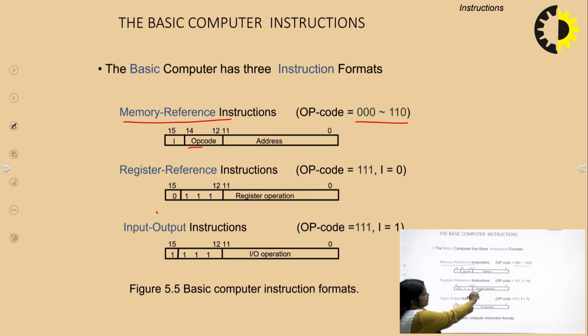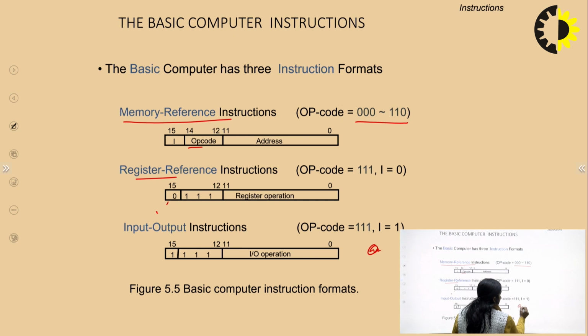If the opcode is 111, then this particular instruction can be a register reference or an input output. Now you have to check the 15th bit, the mode bit I. If I equals 0, then it is a register reference instruction. If I is 1, then it is an input output instruction.